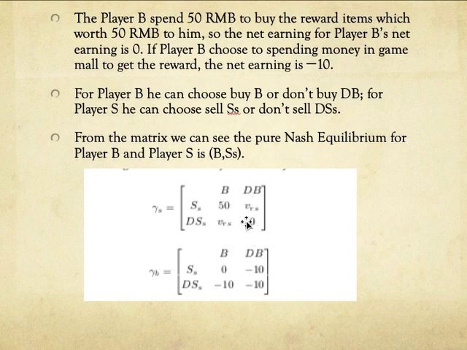And here it should be the VRS. I don't know why I typed it wrong as 0. So it's clear that the Nash equilibrium is when the player B chooses to buy and the player S chooses to sell. The players can get 50 payoff and the player B won't get a loss.